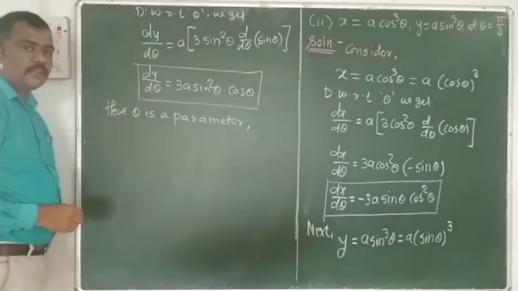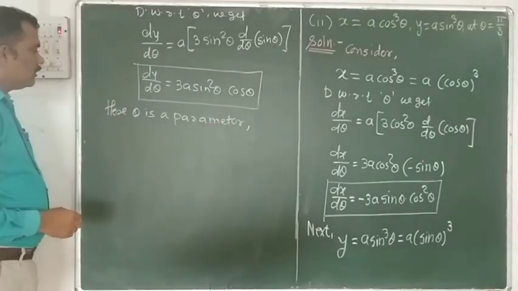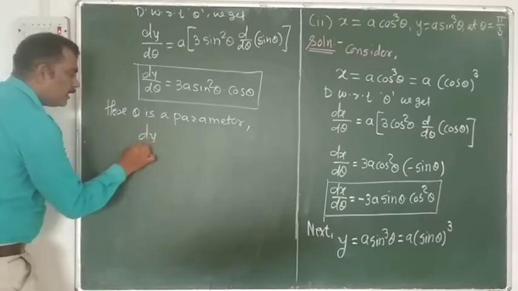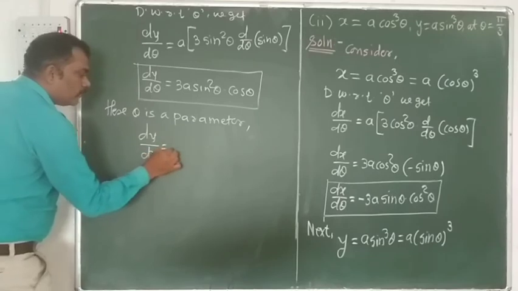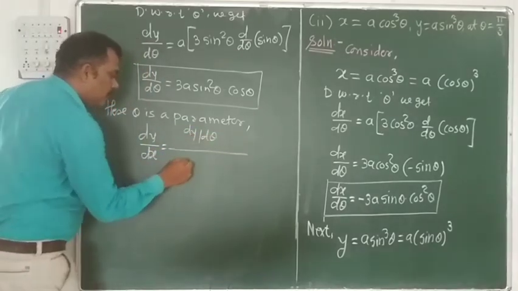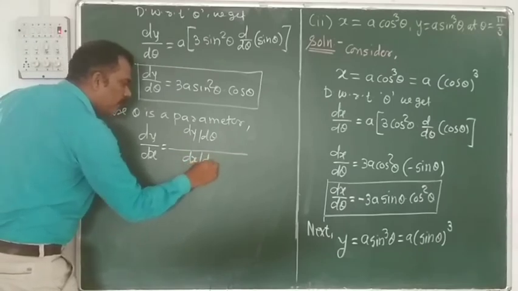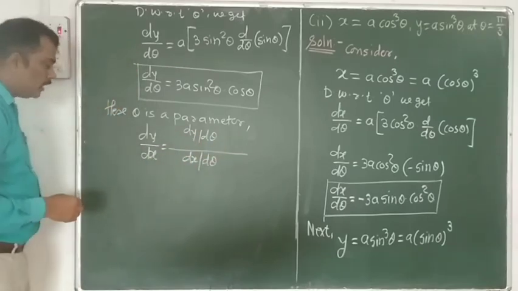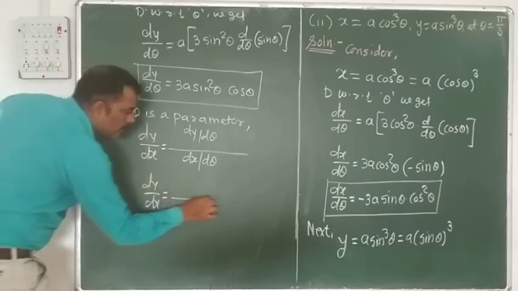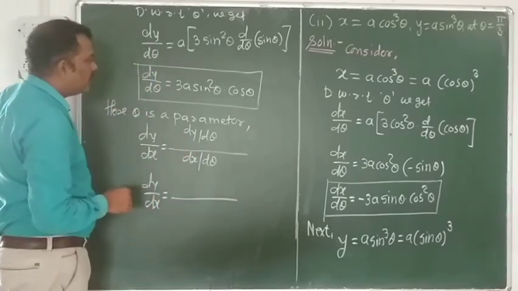So by using the derivative of parametric functions, we can write dy by dx is equal to dy by d theta divided by dx by d theta. What is the value of dy by d theta?